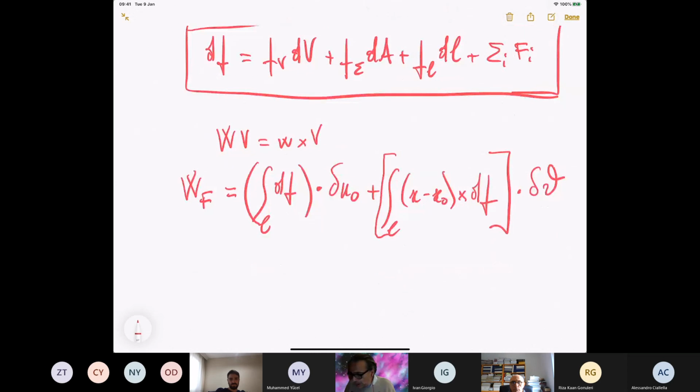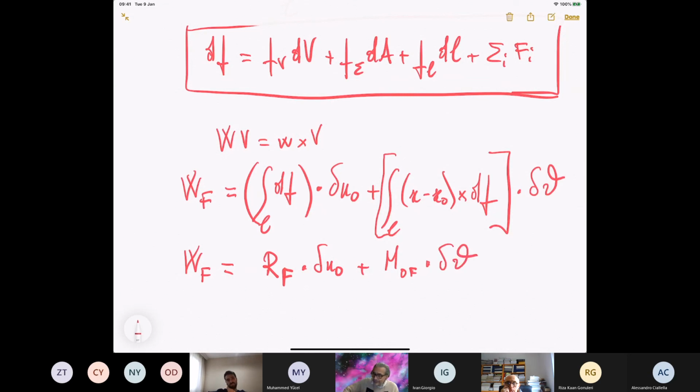Okay? So the work done by a system of forces on a rigid displacement is given by the resultant force, inner product delta U0, plus the resultant moment with respect to the pole O dot delta theta. Okay?